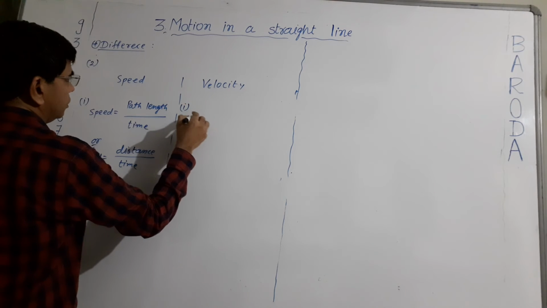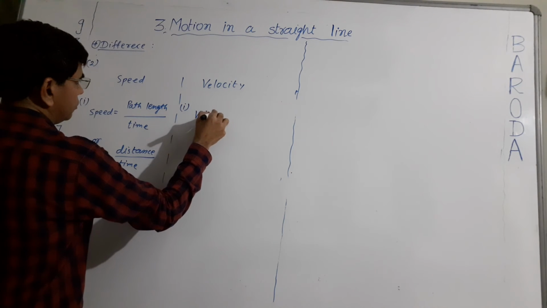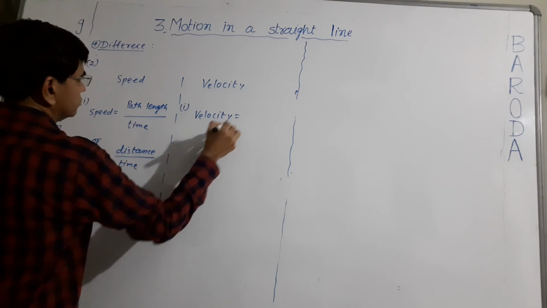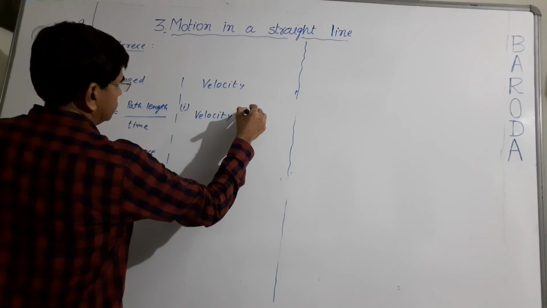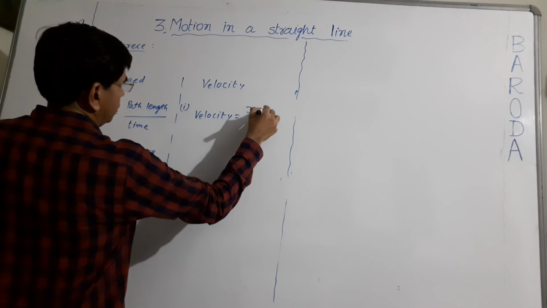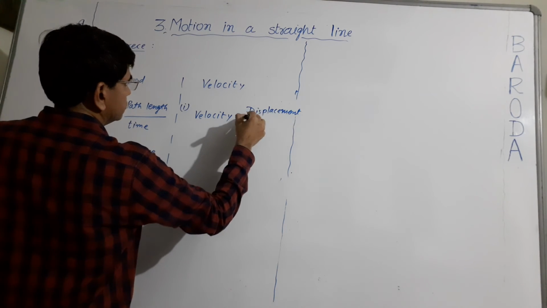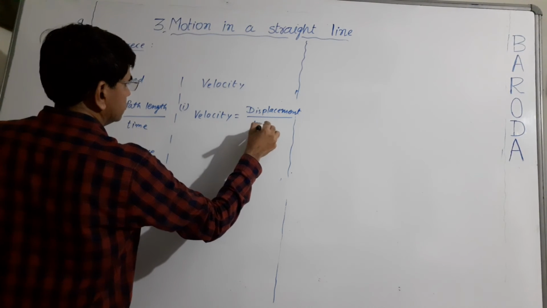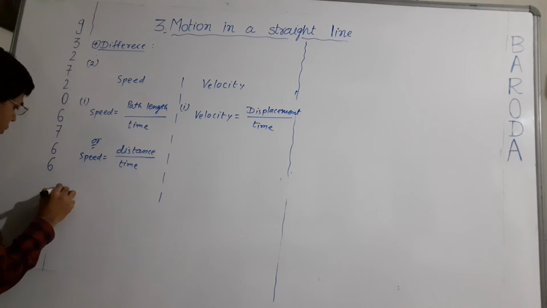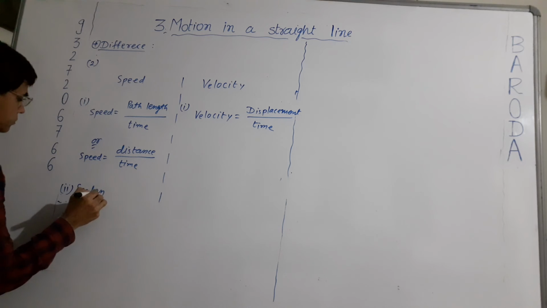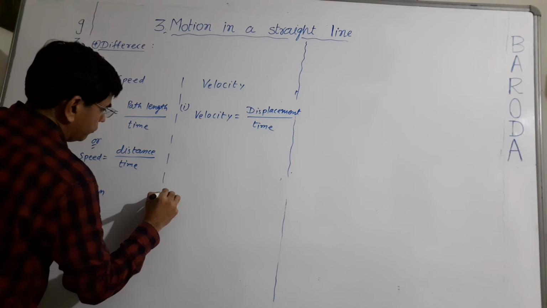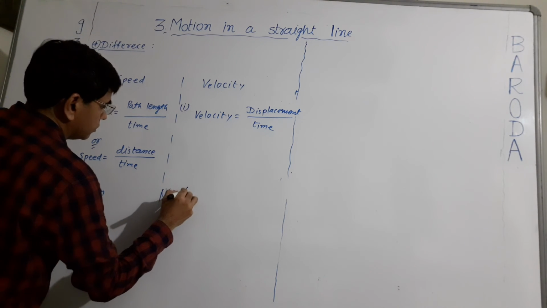Number 1, velocity equals displacement upon time. Speed is a scalar quantity. Velocity is a vector quantity.